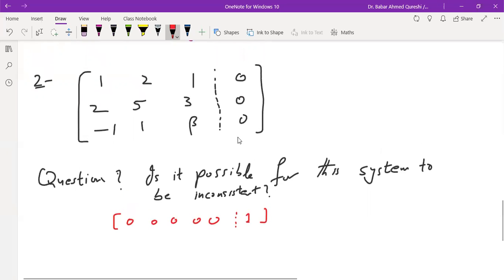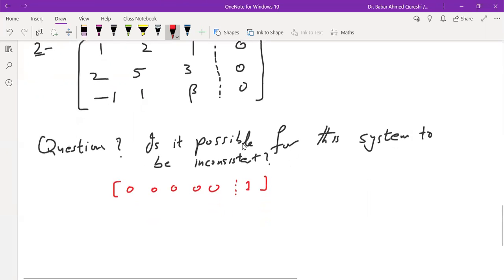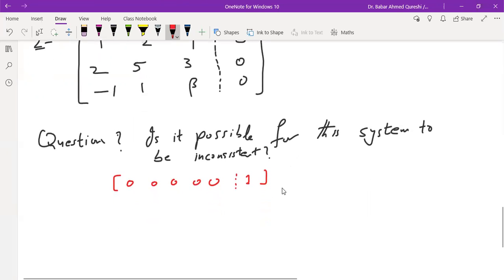And over here, this can never happen, because whatever row operations I do, I multiply any row with anything, add to any other row, on this side they're all 0. They don't change each other with any row operation. So this 0 remains 0. So I will never have this form, because I will never have a 1 over here. I will always end up with a 0 here. So always consistent.